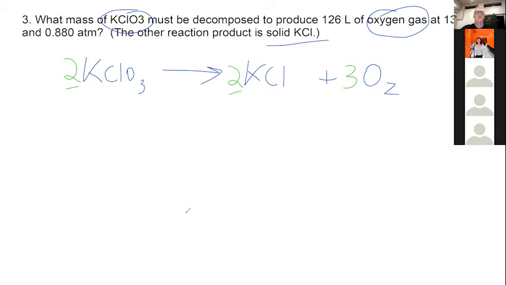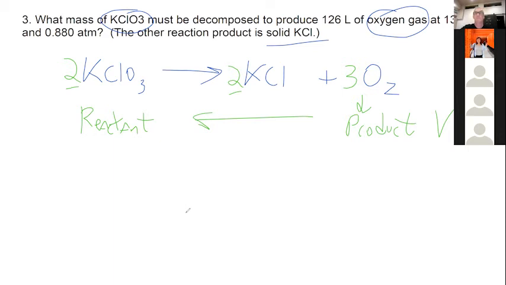So now that we have a balanced equation and we're being asked, what is the amount of reactant? And we're told how much product we're given. But we're given product in a volume. So what do we need to convert the volume to in order to relate that back to reactant?